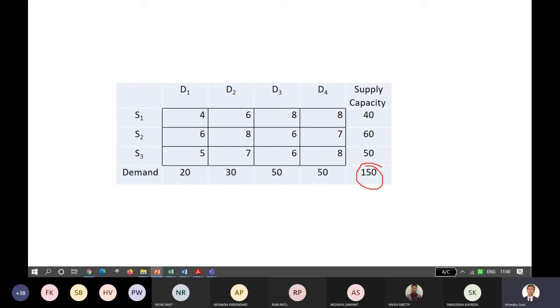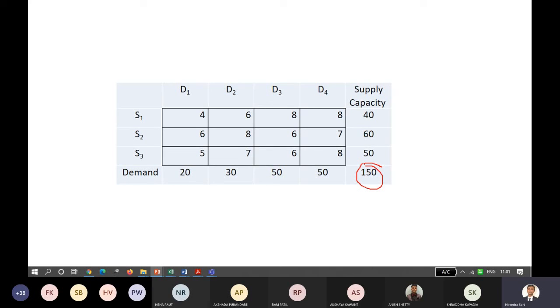That means the difference between total supply and total demand would be the total demand for the dummy column, that is the dummy demand center. As we go along, we will see that also. But this is how the logic works.